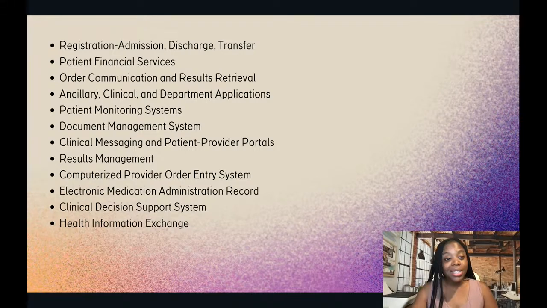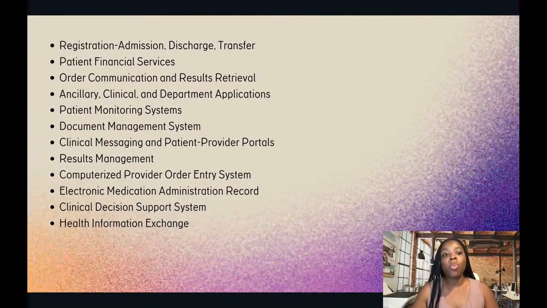Patient Financial Services, Order Communication and Results Retrieval, Ancillary, Clinical and Department Applications, Patient Monitoring Systems, Document Management System, Clinical Messaging and Patient Provider Portals, Result Management, Computerized Provider Order Entry System, Electronic Medication Administration Record, Clinical Decision Support System, and Health Information Exchange.